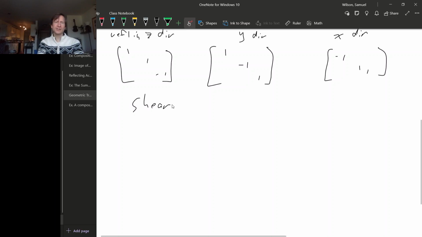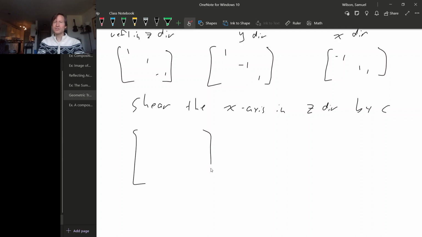So let's shear, let's say, the x-axis in the z direction by some factor c. So remember how this worked in R2. The axis that you're shearing tells you the column.